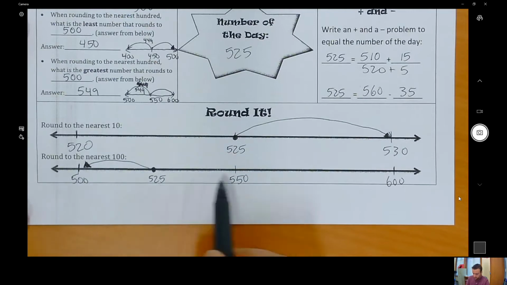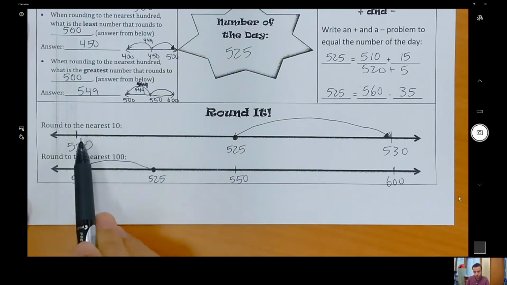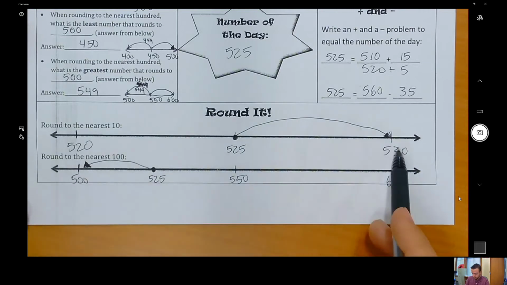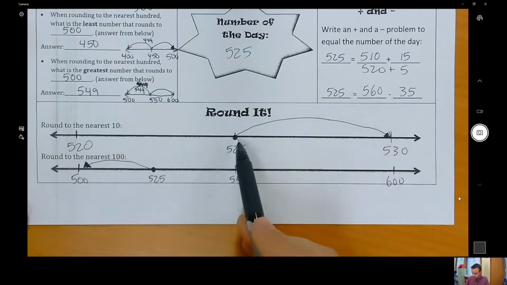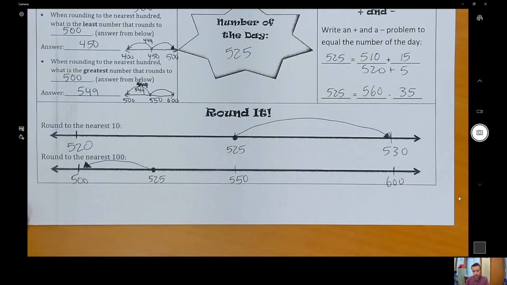Now, since this is below 550, it would round down to 500. Okay, so this is what I want to see. I want to see numbers listed, whether it's a 10 below or above, or 100 below and above, and then the middle point too. And then use your arrows to show which way it's rounding.